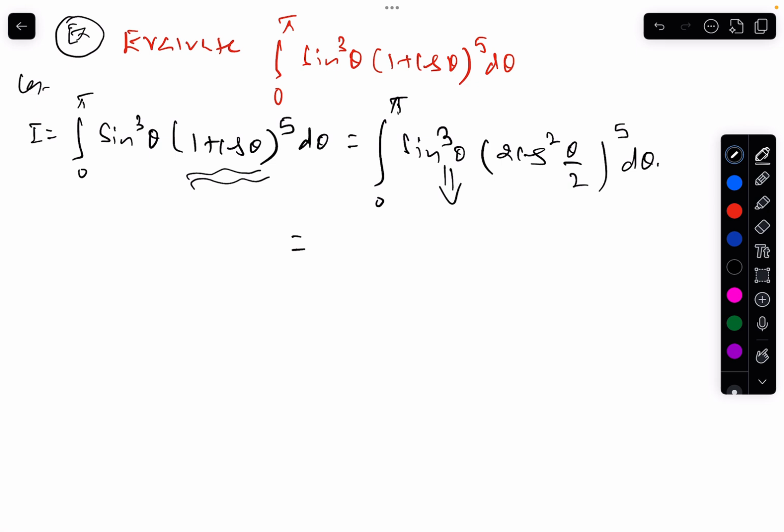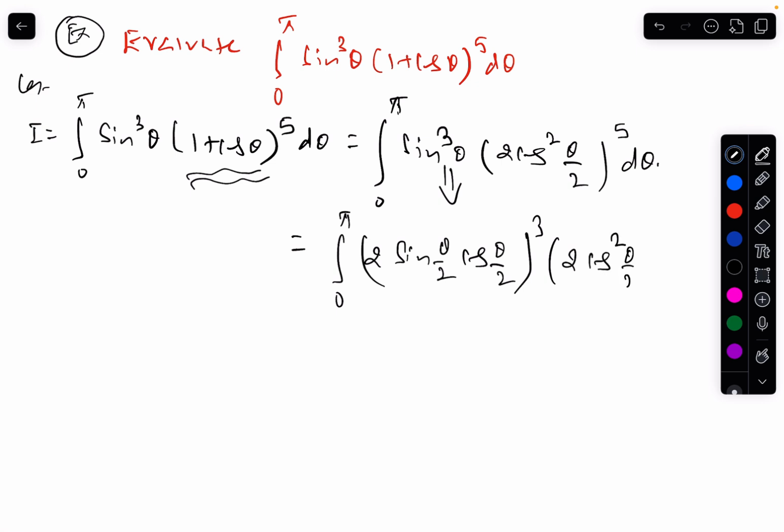Now this also we need to write in terms of theta by 2. So sine 2 theta formula we use. So this is 2 sine theta by 2 cosine theta by 2 power 3. This is 2 cosine square theta by 2 power 5 d theta.